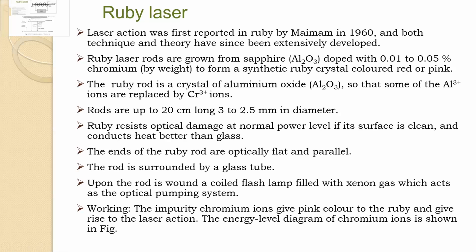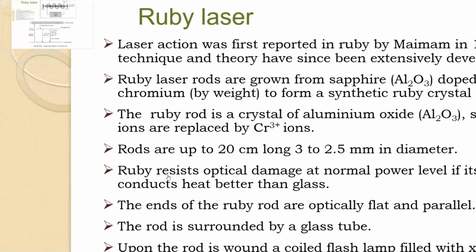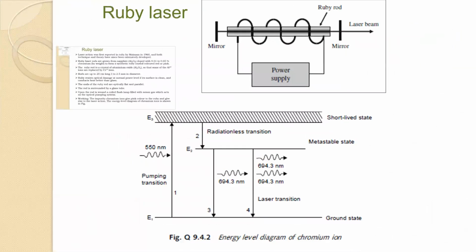The impurity chromium ion gives pink color to the ruby and gives rise to the laser action. The energy level of the chromium ion is shown in the figure.